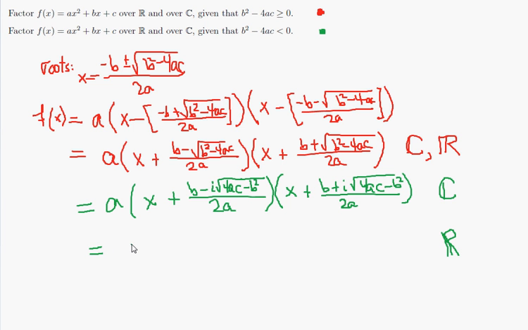The answer is going to be basically where we started from, ax squared plus bx plus c. And you may wish to factor out the a in front to make it a monic irreducible polynomial.